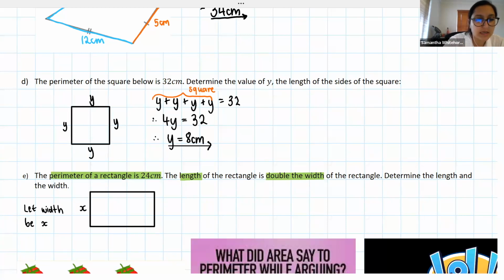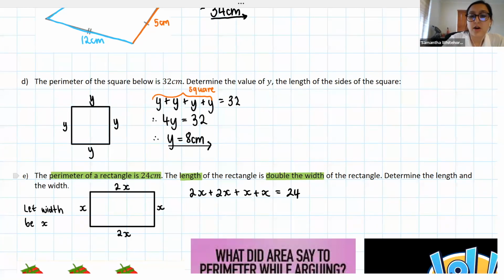And what that means is that I know both of these sides are X. And I've said the width be X because I then know that 2X is my length, because remember, the length is double the width. Now, once I have that, I know that if I add these values together, so 2X plus 2X plus X plus X, I must get 24 centimeters.